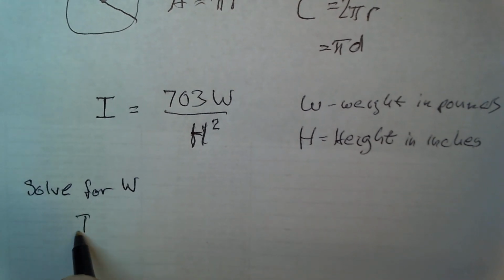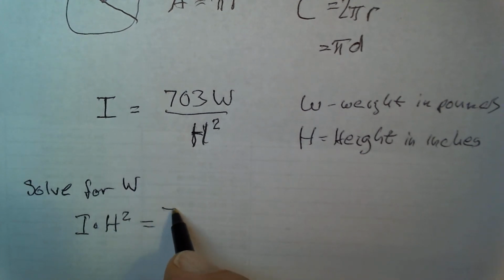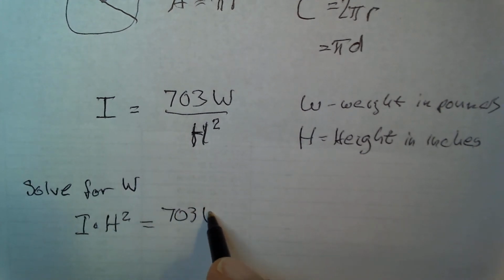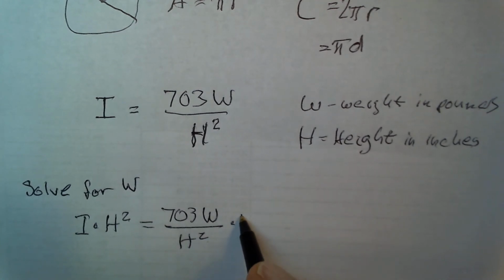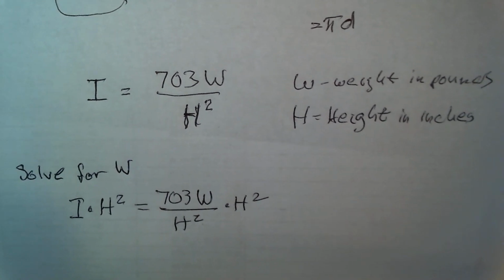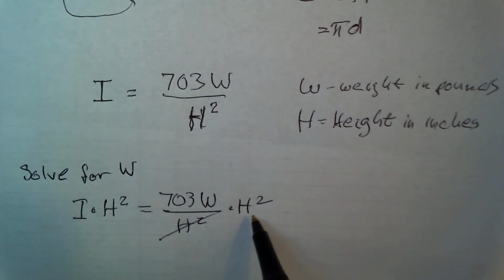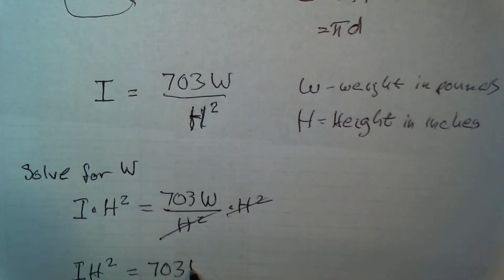I times h squared equals 703W divided by h squared times h squared. And of course, on the right hand side, the h squareds cancel. And now we have I h squared equals 703W.